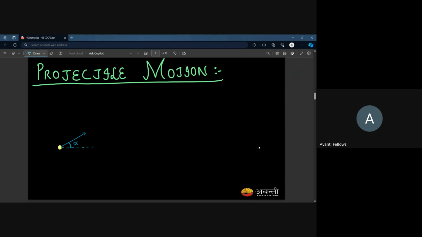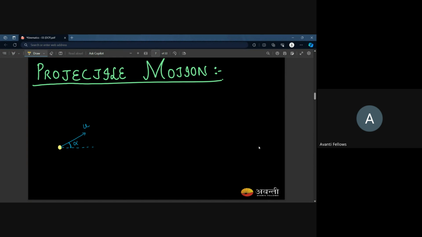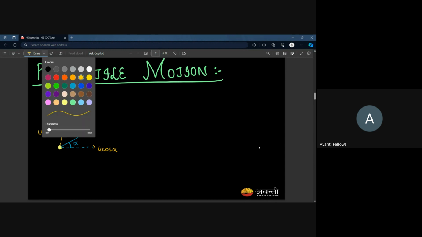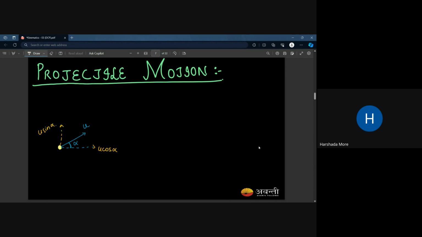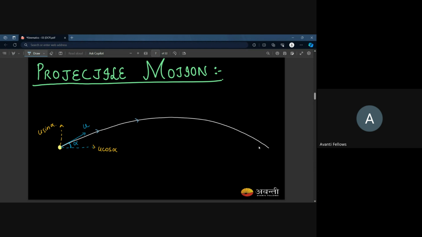Let's say I throw it with velocity u, making some angle alpha. So you will get u cos alpha in the x direction and u sin alpha in the y direction. Yes or no? Okay. This ball will go through this trajectory. It will follow a parabolic path like this.